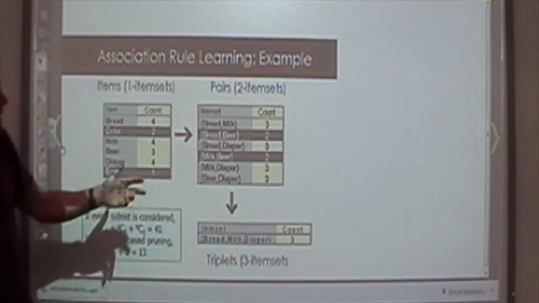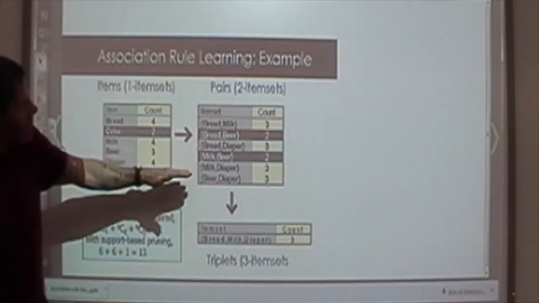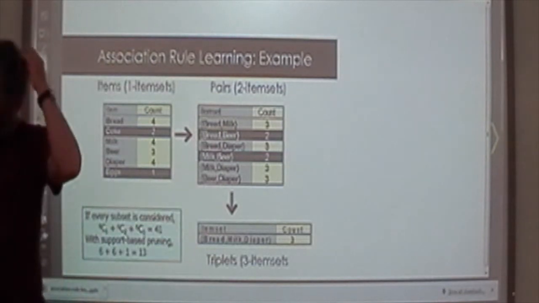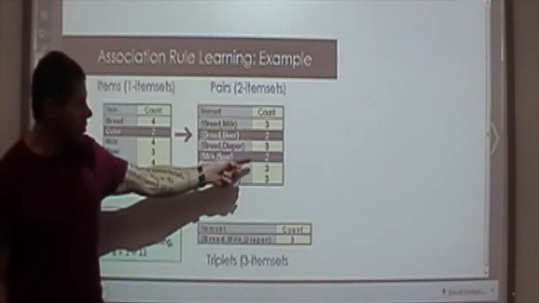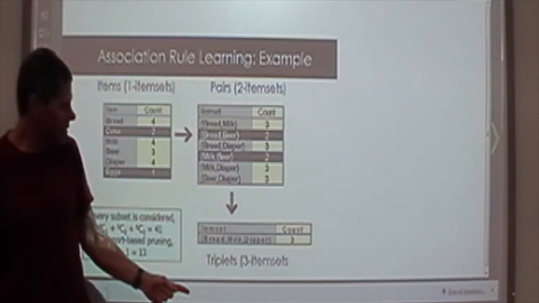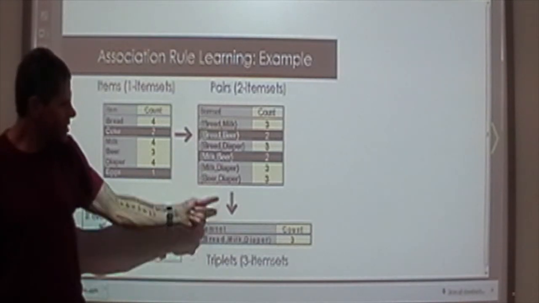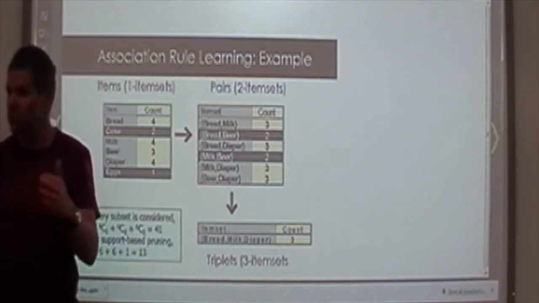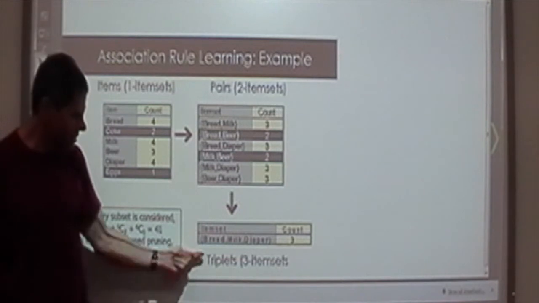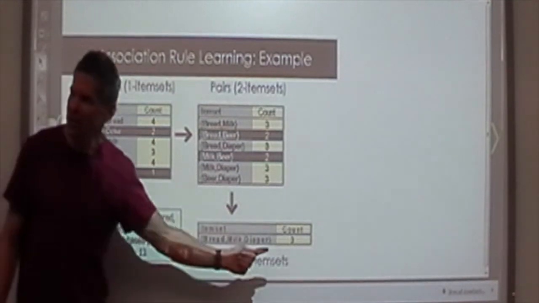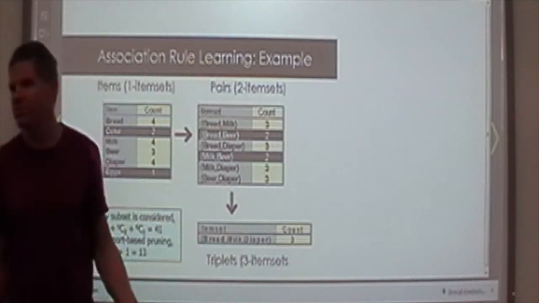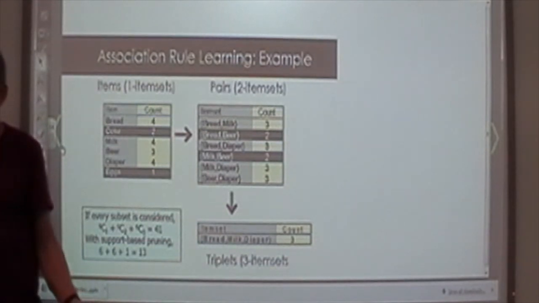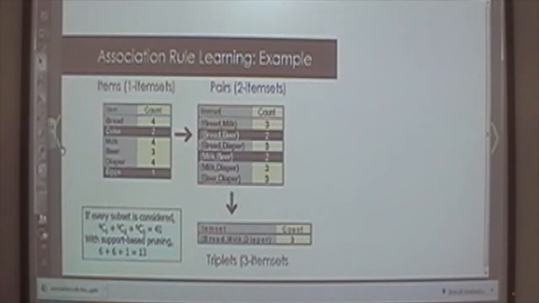If I had thrown out maybe milk and beer, and had another transaction, milk and beer would have been 3, in which case now there would have been 4 items, and I would have had to consider possibly another 3 item subset. So it's more an artifact of this particular example.